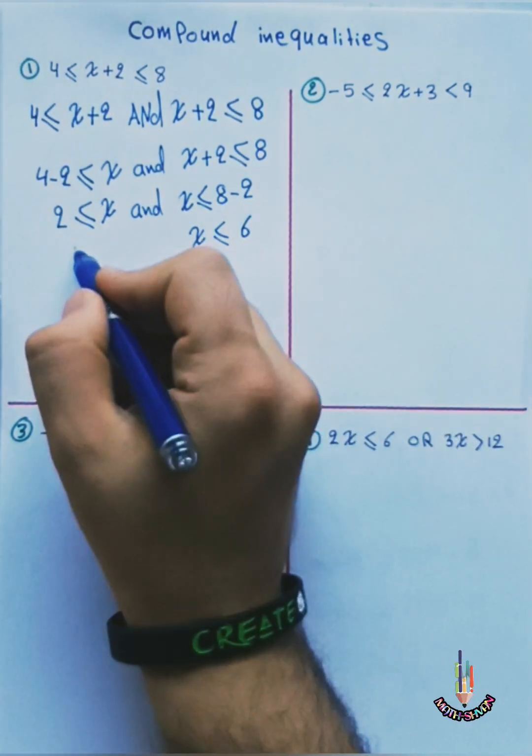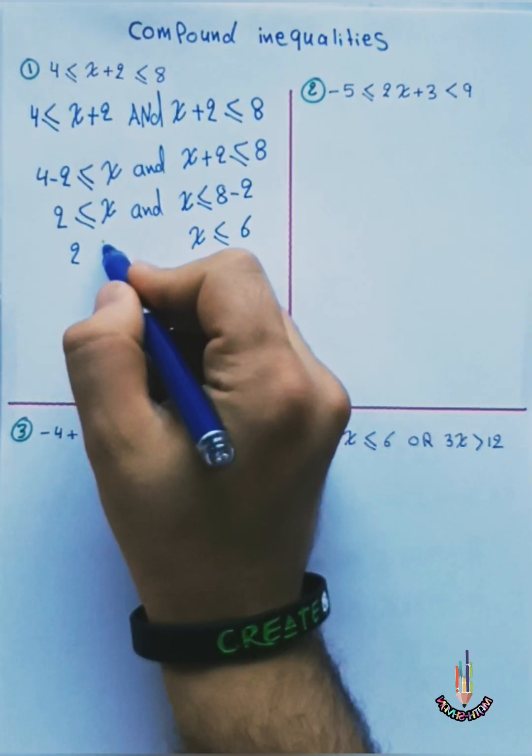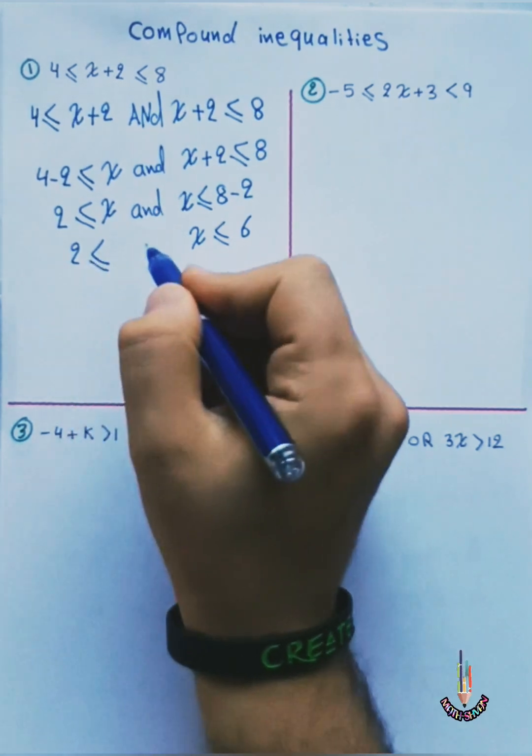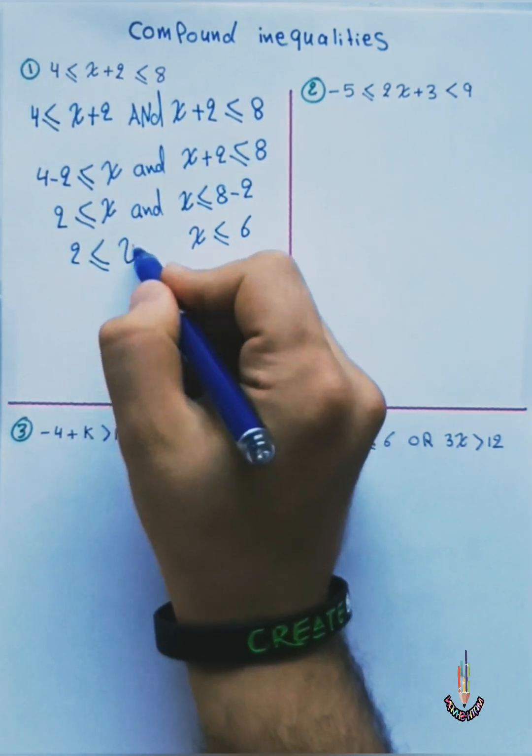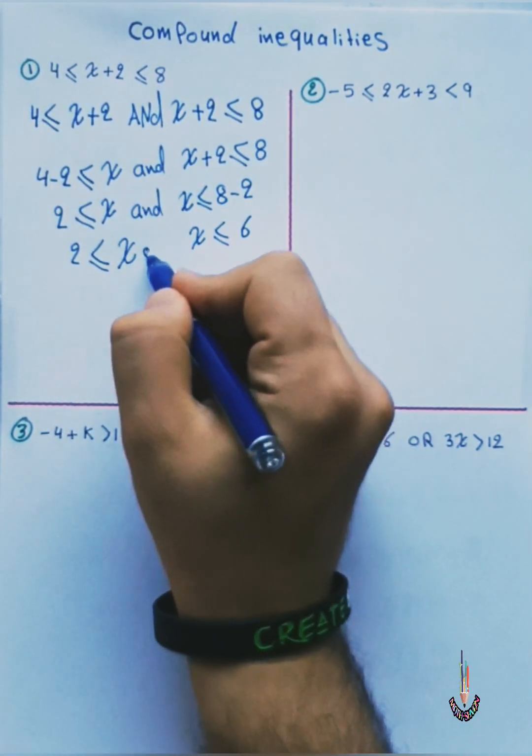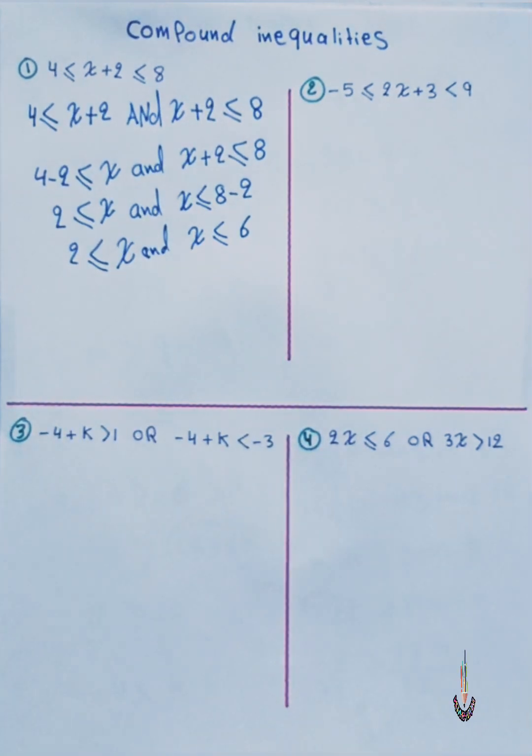So we have 2 is less than or equal to x, and x is less than or equal to 6.